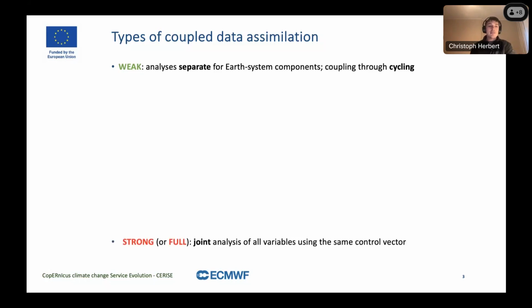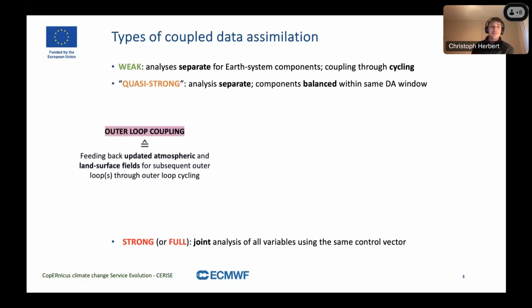And then on the other side, we have a strong or a fully coupled system. That means we have all the variables, land and atmosphere in this case, in the same control vector, and we have a joint analysis where we update all of them at the same time. And now what I'm talking about is a quasi-strongly coupled system. So we have still separate DA systems, but we can balance our updated conditions within the DA window.